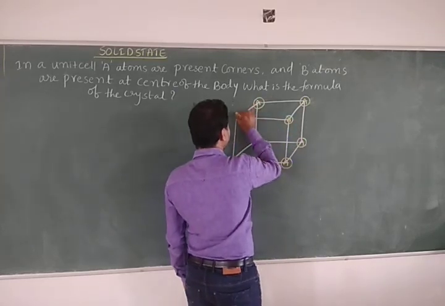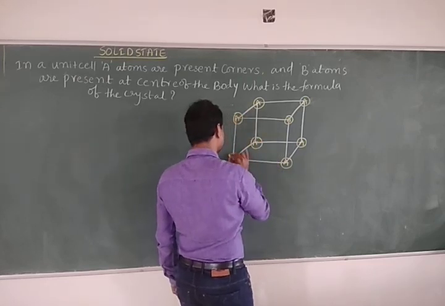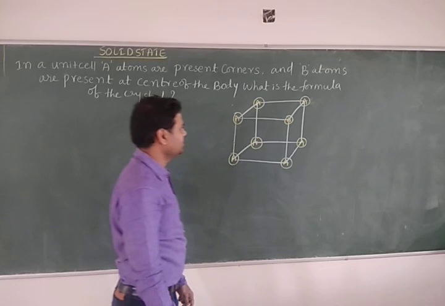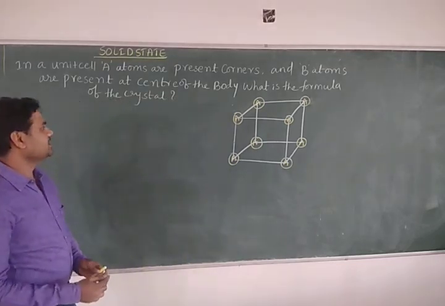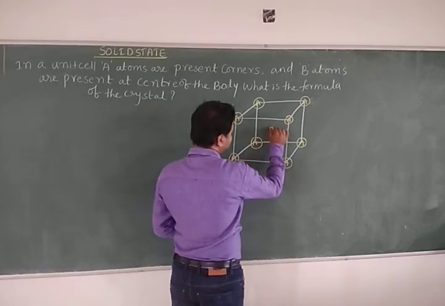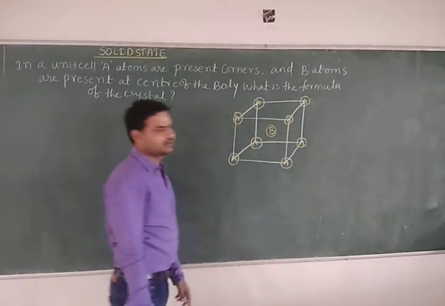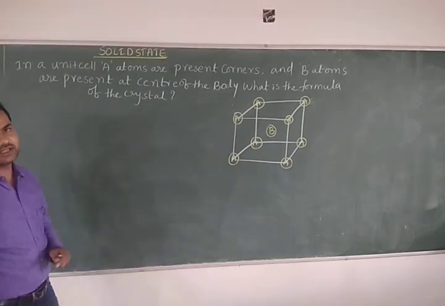How many corners are there? 8 corners, so 8 A atoms are located at the 8 corners. And at the center of the body, a B atom is present.